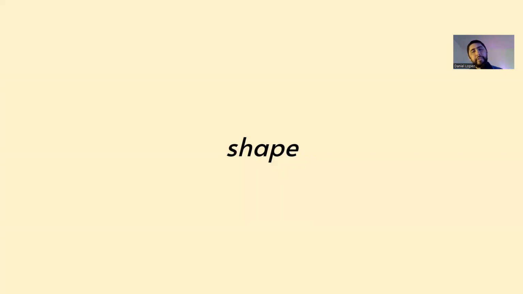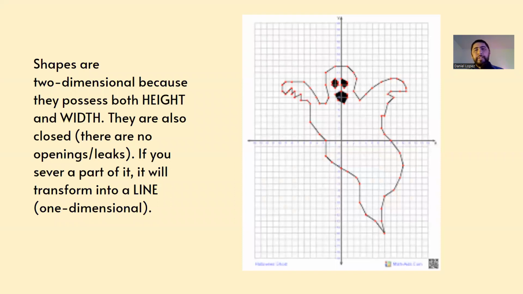So back to talking about dimensions. A point in space is 0D, like these red dots would be here, and the line between them would be a line, which is 1D. But creating this closed loop shape, this would be a shape, and that would be two-dimensional, right?